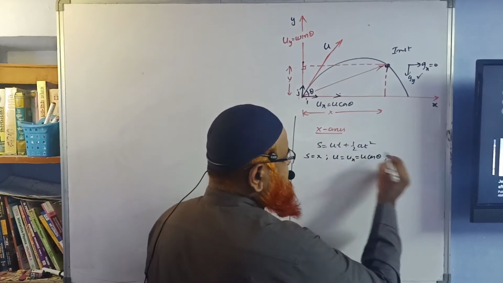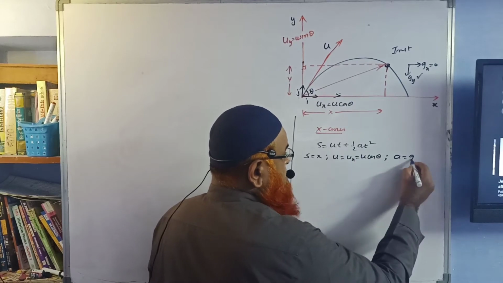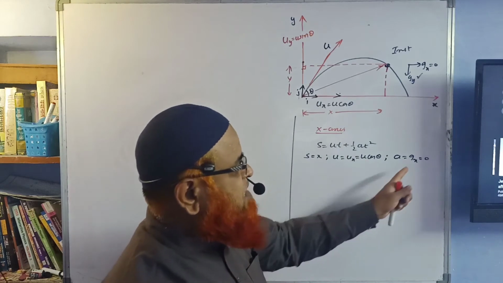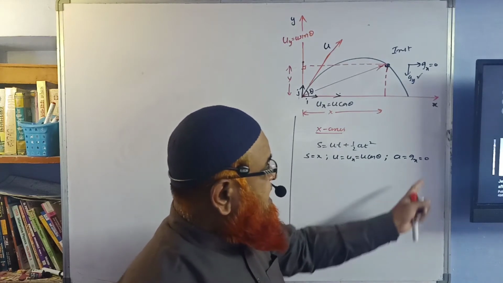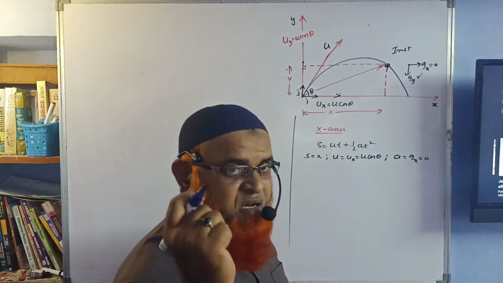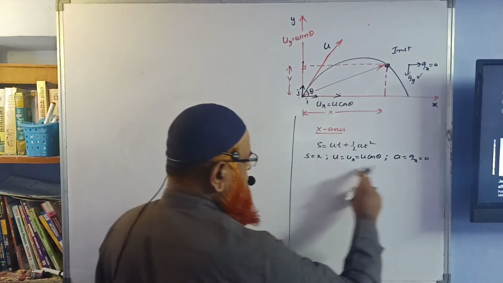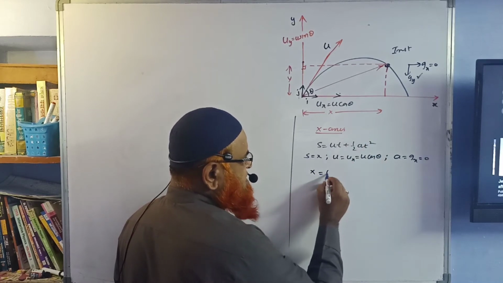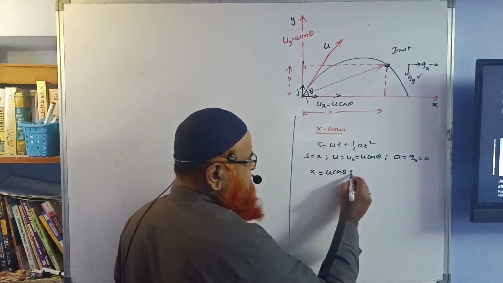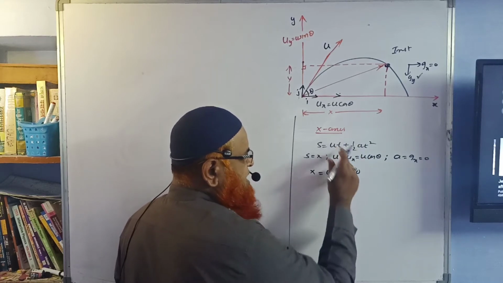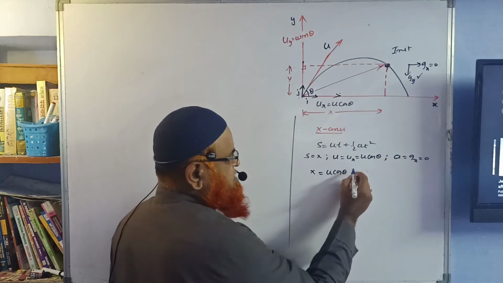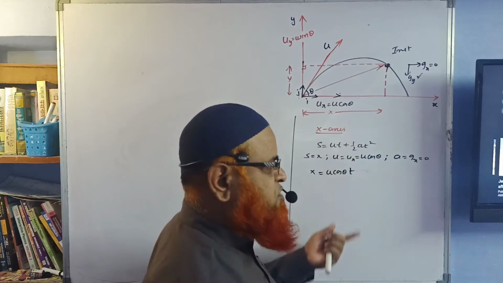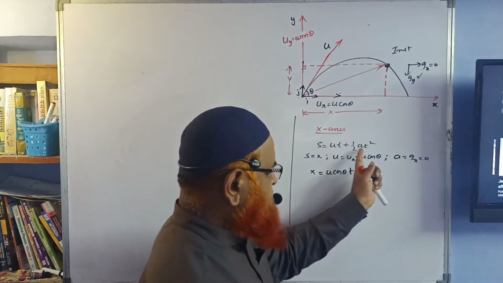Then a is going to be gx, and that is 0, because acceleration along the x-axis is nothing but gx, and as there is no gx, it is 0. Substituting, x is equal to u cos theta into t plus 0, and half at square is 0 because a is equal to gx is equal to 0.